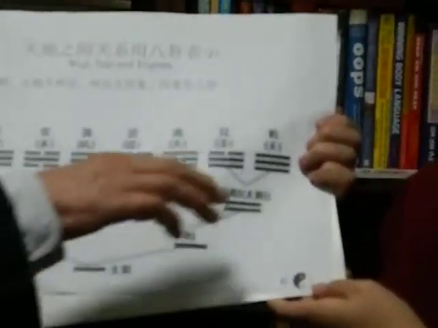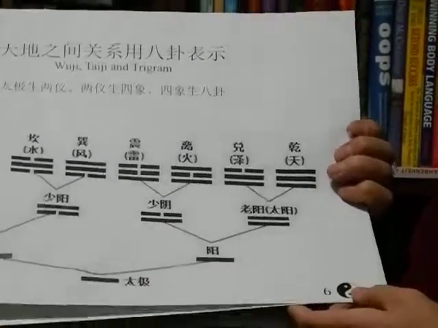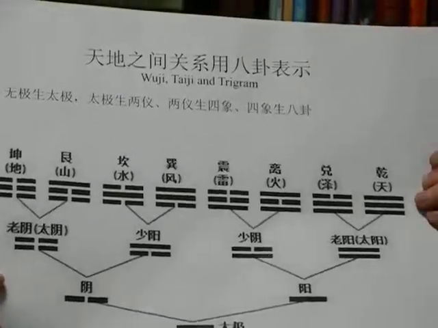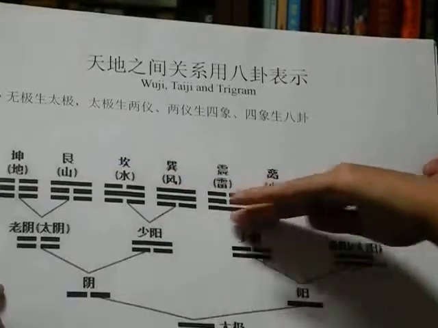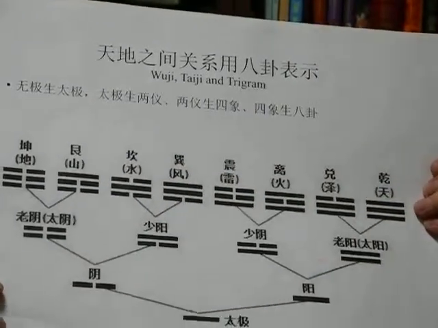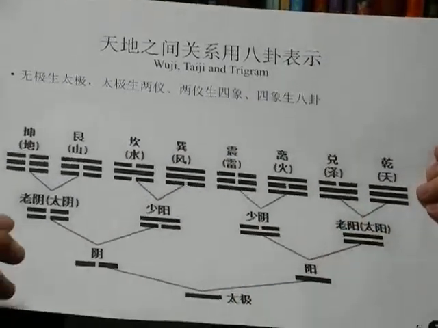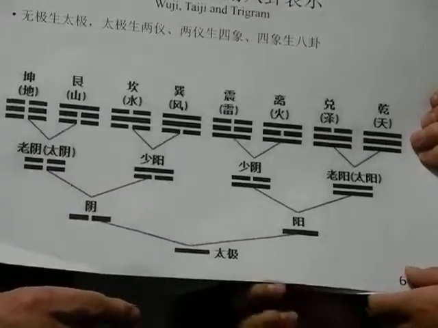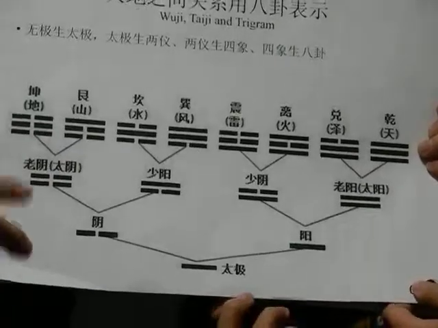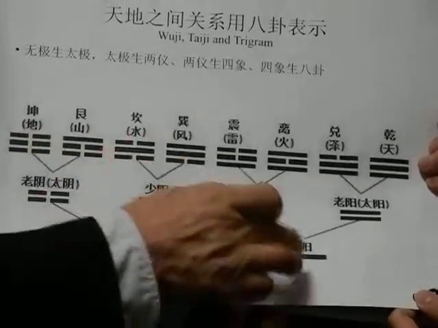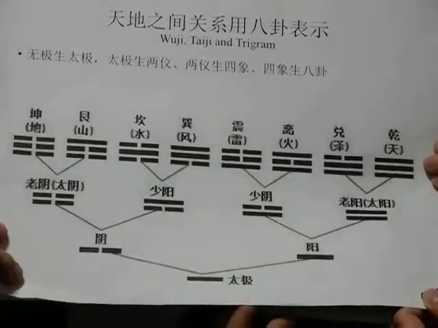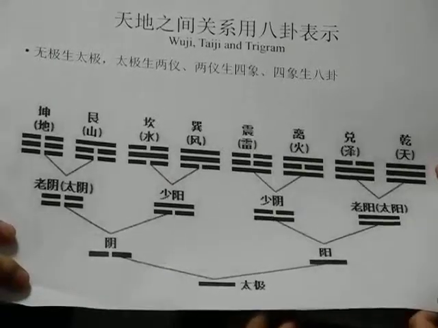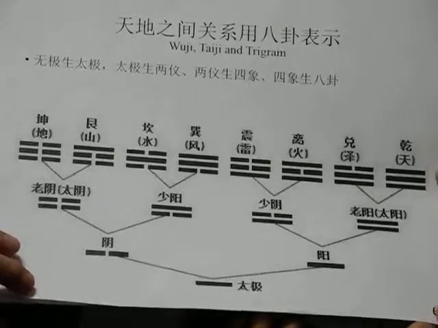Now you only need to concentrate on what's below this, below the 8 trigrams. So the first 3 sections. Now we all know that the Wuji becomes the Taiji or transforms into the Taiji.